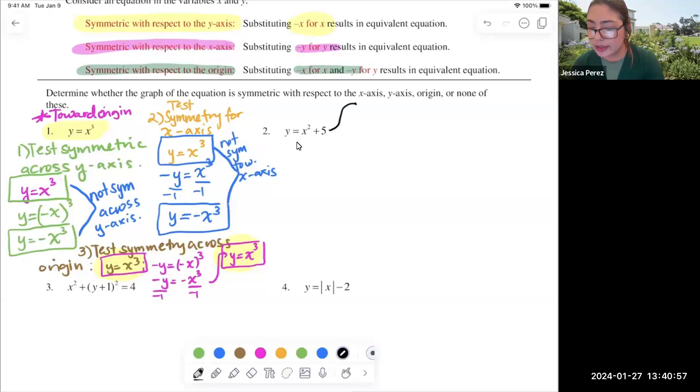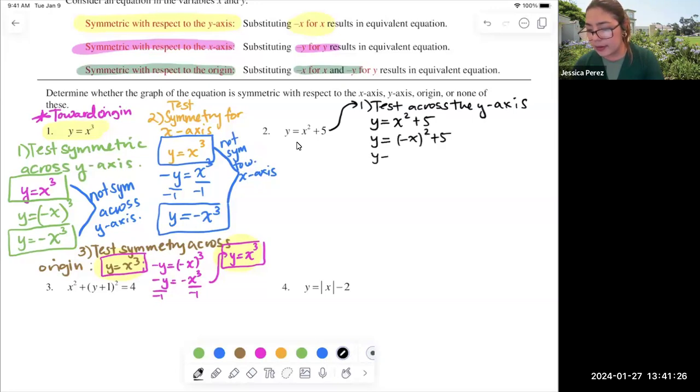The first thing that I'm going to do is test the symmetry across the y axis. So that means I'm changing x. So if I have y equal x squared plus 5, then this is y equal negative x squared plus 5.